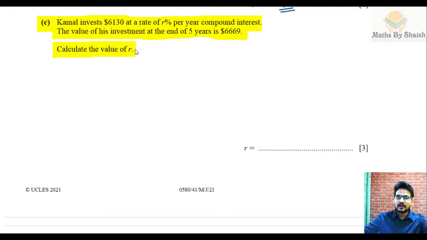Calculate the value of R. So we know the formula for compound interest, and the final amount is of course 6,669, and this equals principal 6130 times 1 plus R over 100, to the power 5, because it was invested for 5 years.